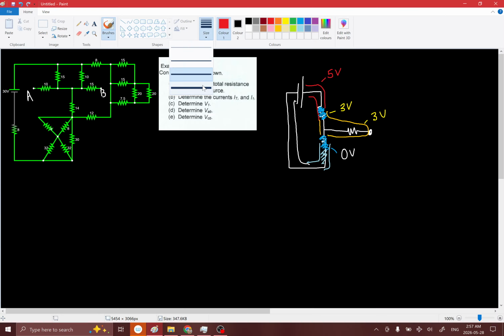Let's get a bigger paintbrush. So the hot water comes out of the battery like this. And it goes through a couple of fridges. So here's one fridge over here, here's another, here's another, another fridge, and so on and so forth.